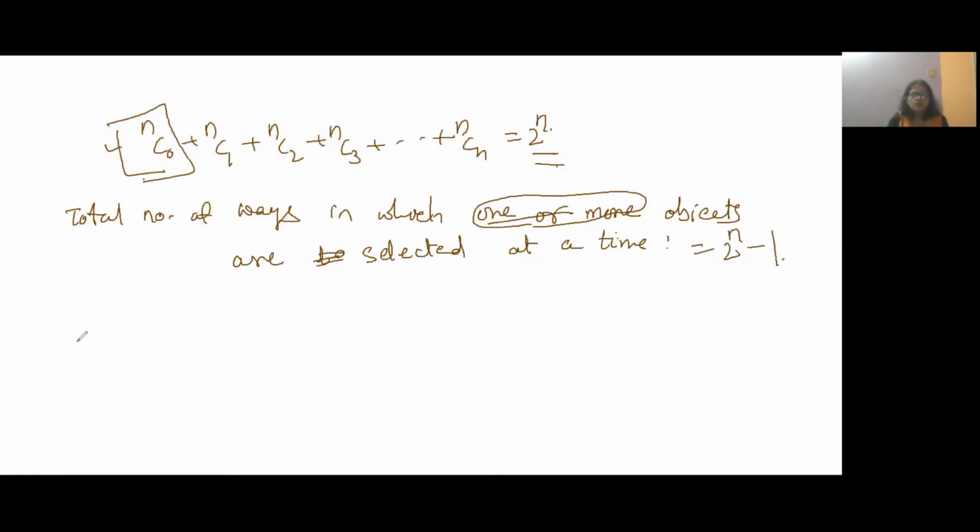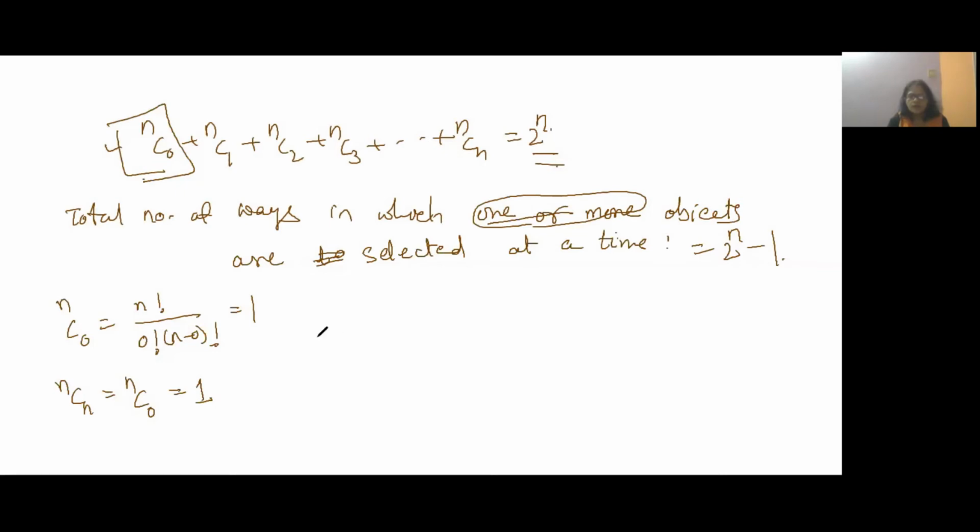Before that, let me just tell you, if we write NC0, that is n factorial over 0 factorial times n minus 0 factorial, so you are getting 1 here. NCn equals NC0, because NCr equals NC(n minus r). That is 1. So there are a few things you may remember: NC0 equals 1, NCn equals 1.